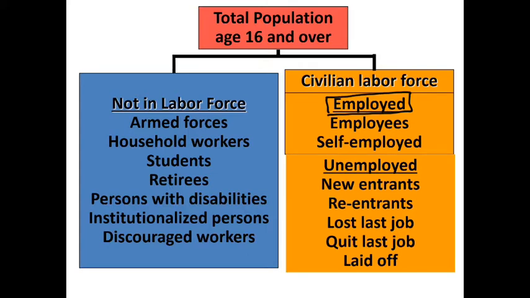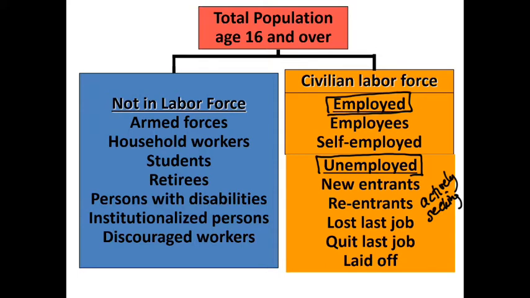The second group in the civilian labor force is the unemployed. Who are those unemployed people? Those people who don't have jobs, and remember, they're also actively seeking jobs. Those people could be the new entrants to the labor force, like the new graduates from college. Those people could be re-entrants.